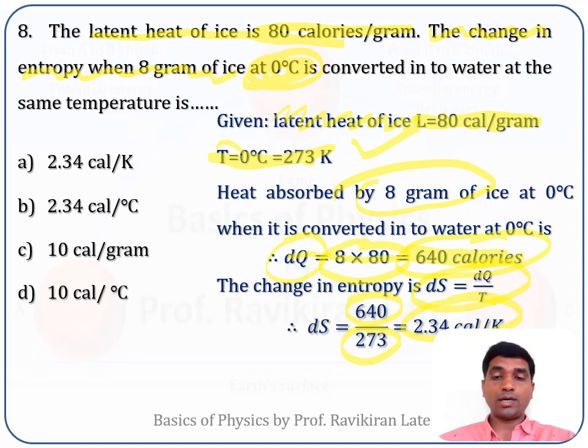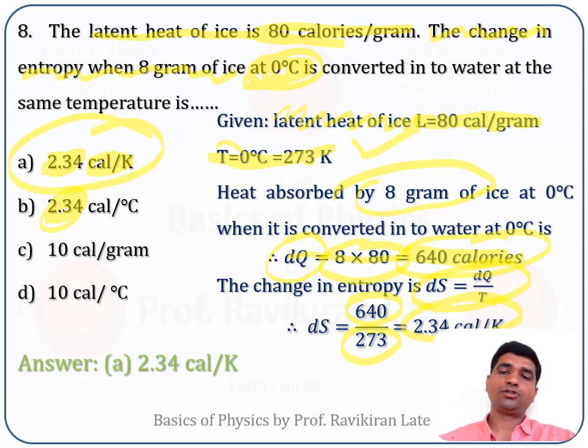Now if you look at the options very carefully, you will get two options with the answer 2.34, but the unit has to be calories per Kelvin, which is nothing but option A. So the correct answer for this question is option number A, 2.34 calories per Kelvin.